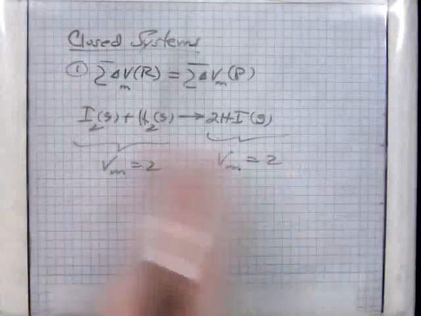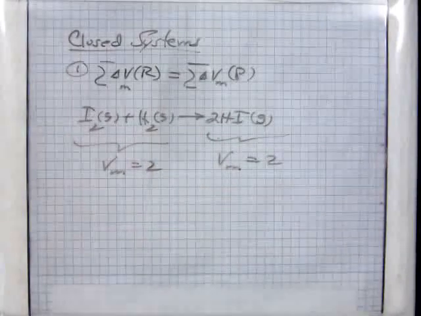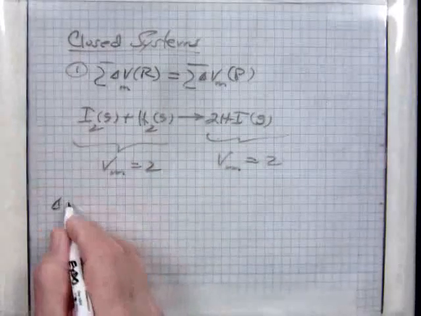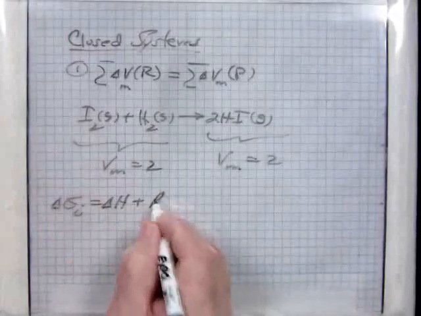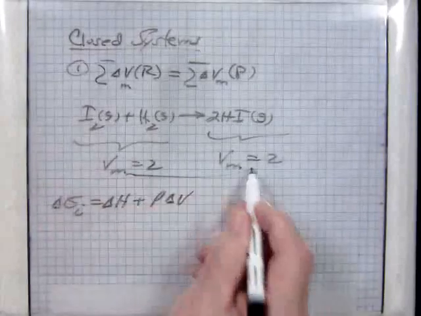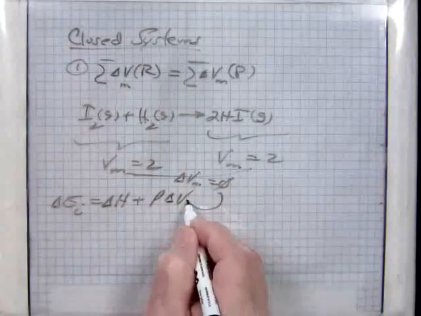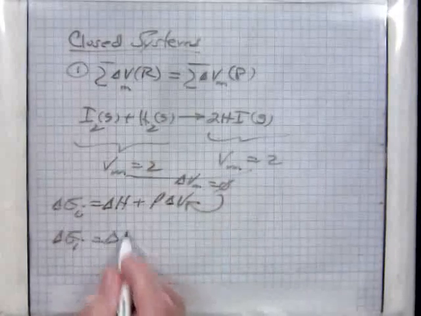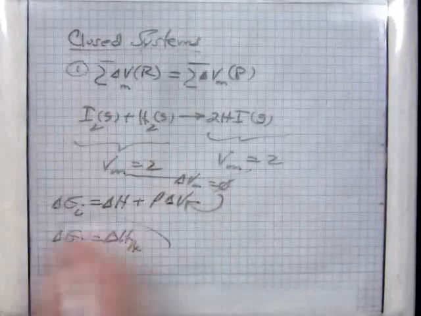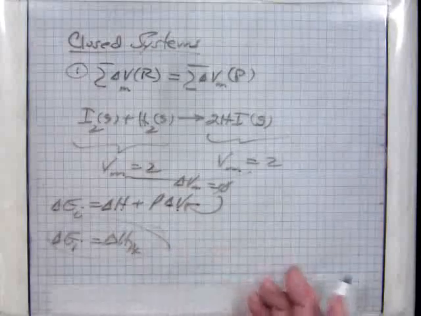When I apply this to the first law equation, delta E equals delta H plus P delta V, and delta V here is equal to 0. So delta E equals delta H of the reaction, and that delta V equals 0 is a closed system.